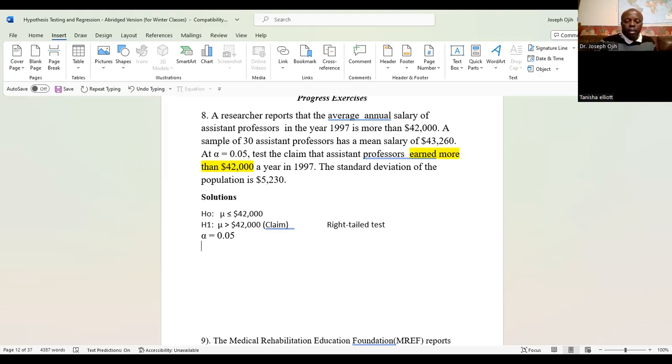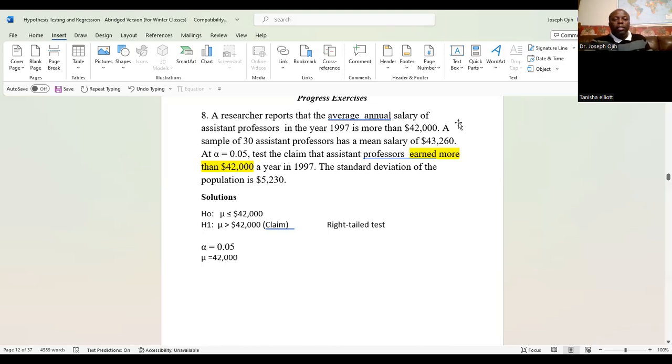So they say that the mean is 42,000. Let's write down the summary statistics. Mean is 42,000. And then a sample of 30 assistant professors were selected, n equals 30. And the sample mean, the mean of their salary, is 43,260.